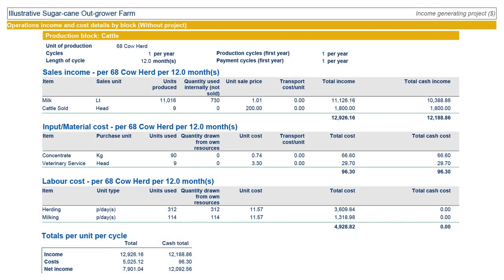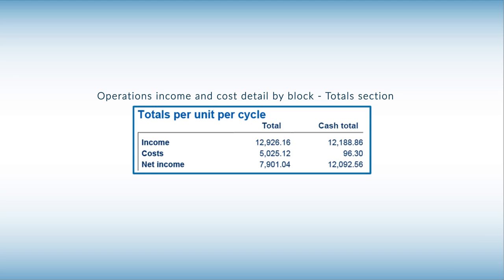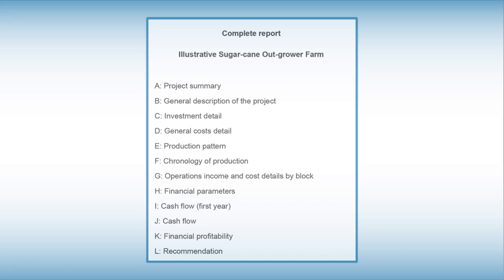As a result, while the total cash net income of a 68 cow herd is 12,093,000 Tanzanian shillings, the total net income is only 7,901,000 Tanzanian shillings.